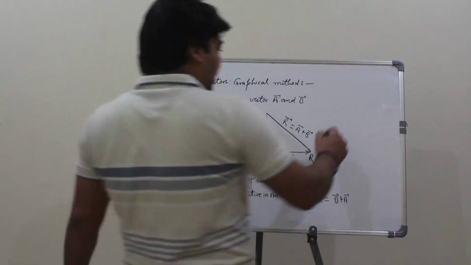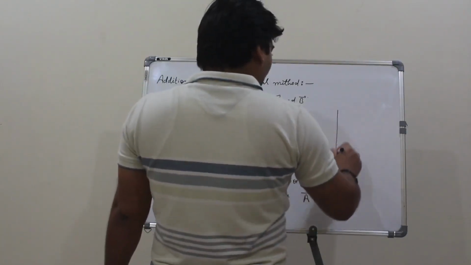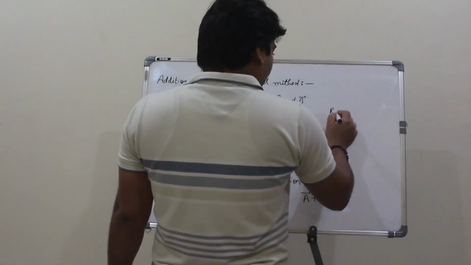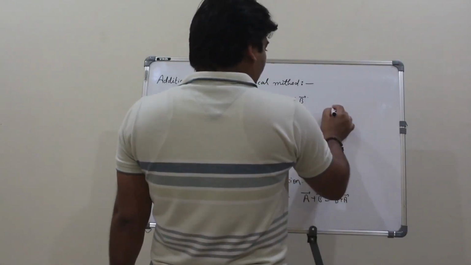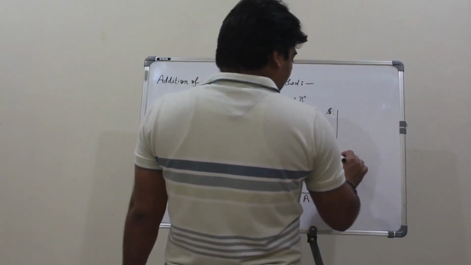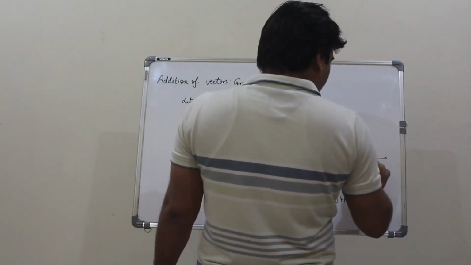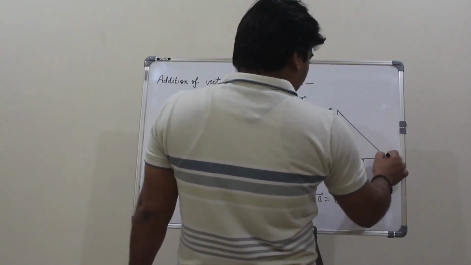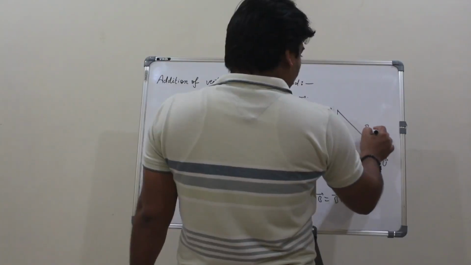So you simply take it like this. What is B plus A? Represent vectors, so B is there, and then A is there. Then R will be something like this, the resultant vector.